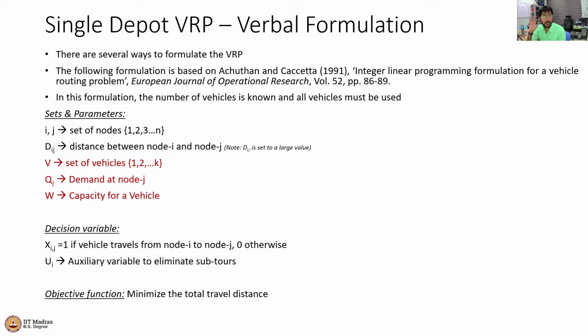Next is the decision variables. My decision variables for this problem are exactly the same as my TSP. That is why it's an extension of my TSP. So we are adding more sets and parameters, but our decision variables are the same. So we have xij, which is 1 if I go from node i to node j immediately, 0 otherwise, and ui is the auxiliary variable that I'm going to use for eliminating subtours in the case of TSP, and for ensuring capacity here.